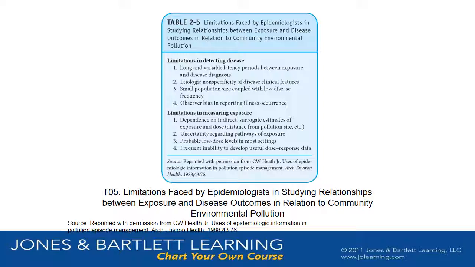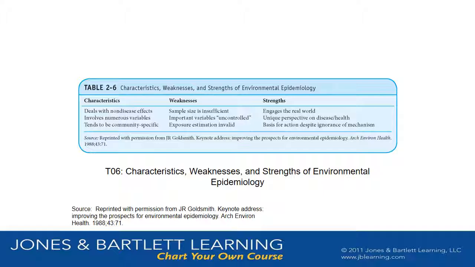In trying to measure the exposure, it may be difficult to measure. We may have to use an indirect measure of the exposure, like distance to a solid waste landfill. There's uncertainty in how the exposure leads to the illness, and most settings are very often low concentration exposures. So we don't have useful dose response data.